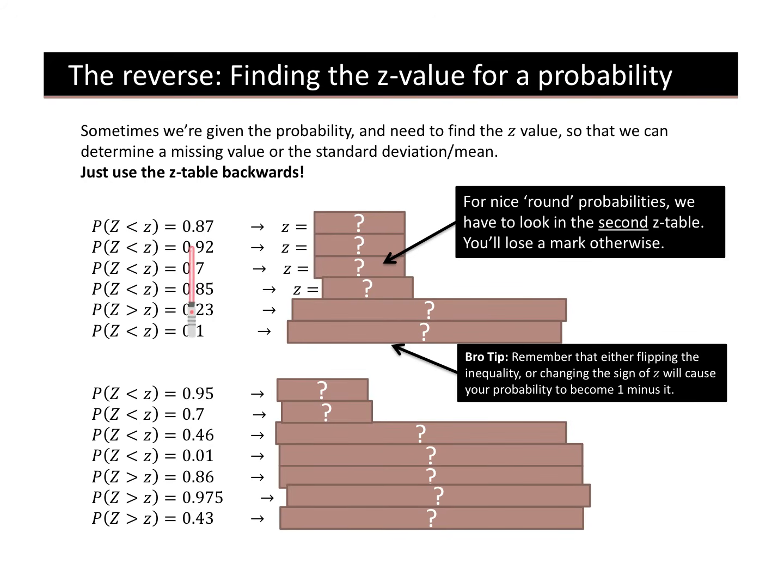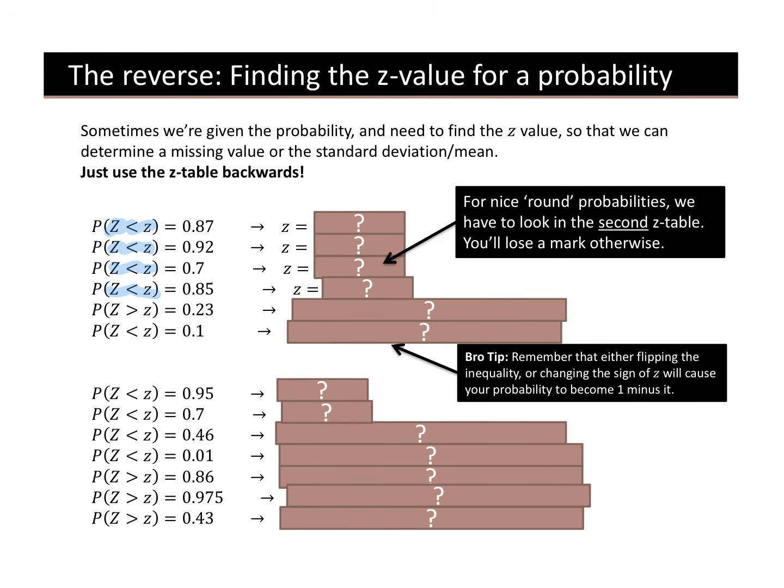Now remember, really important, the table only tells us the probability distribution of z being less than a number, doesn't it? Yeah. So for all of these here, these are all less than, aren't they? So for the first four, we have less than, less than, less than, less than.